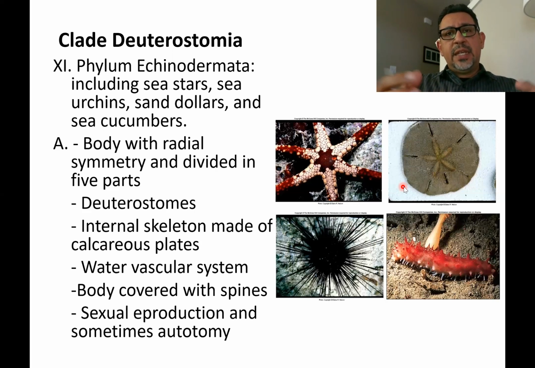These animals can take that calcium carbonate from seawater, retain it, and secrete it by specialized cells responsible for making these calcareous plates. Out of these plates, sometimes spines emerge, or spicules, which are smaller spine-like projections like the ones I mentioned before in the case of the sand dollar.